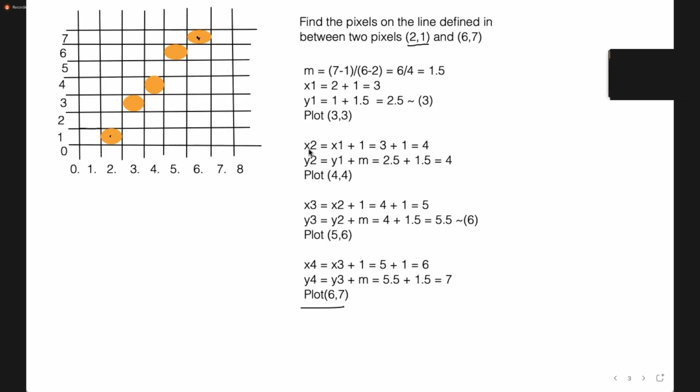Someone is telling Y value is not continuous. We only consider the Y value. Now X value is continuous, one by one we are going. Y value is not continuous because it is jumping. Is that what you are saying? He's telling Y value is not continuous.